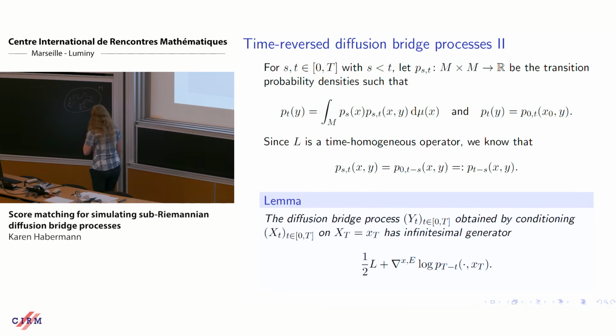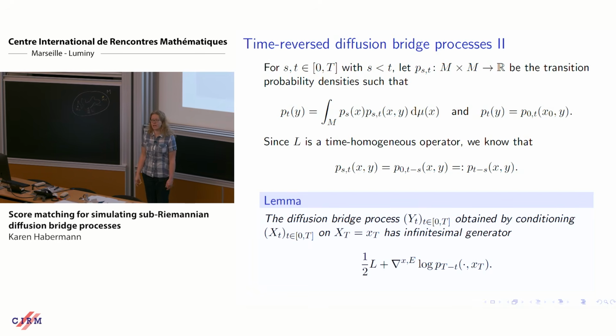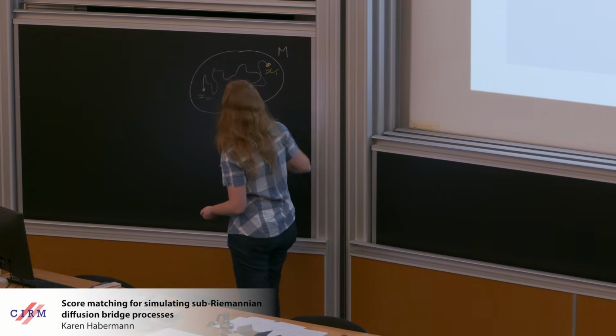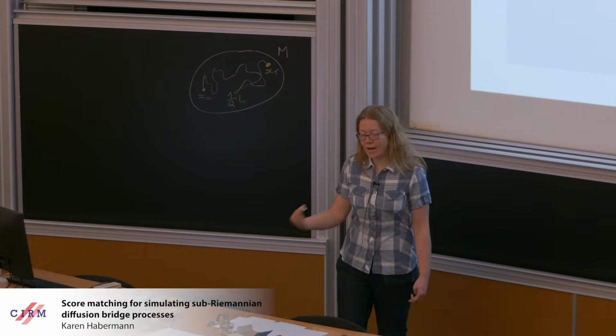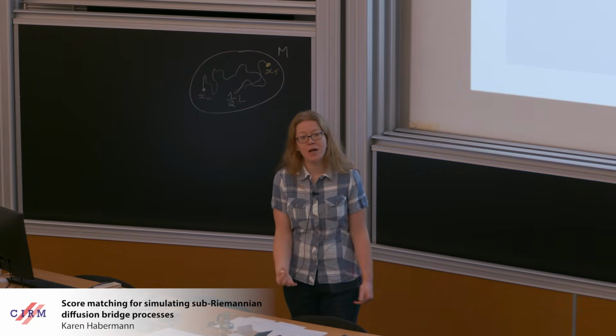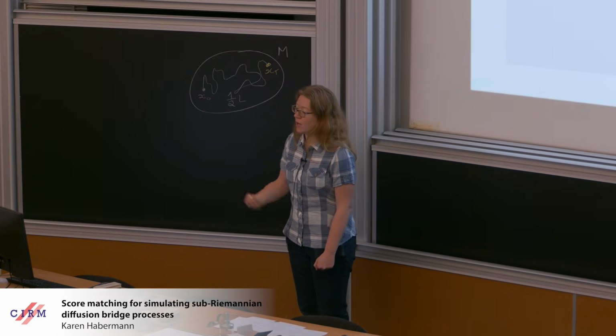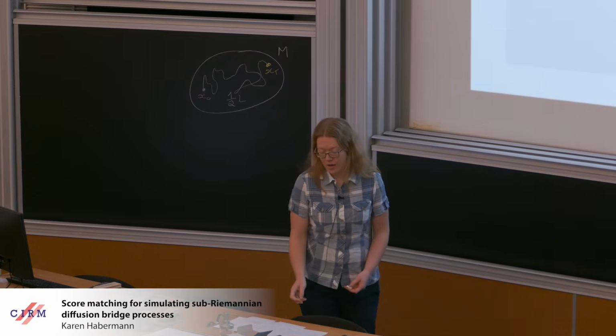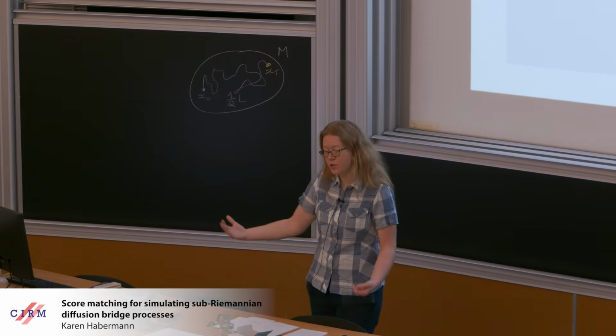So what is the idea? We had this stochastic evolution, and now we also fix a point x_T, and we want to guarantee that our stochastic process ends up at x_T at some positive capital time T. And by a change of measure argument, you can write down the generator for this bridge process.